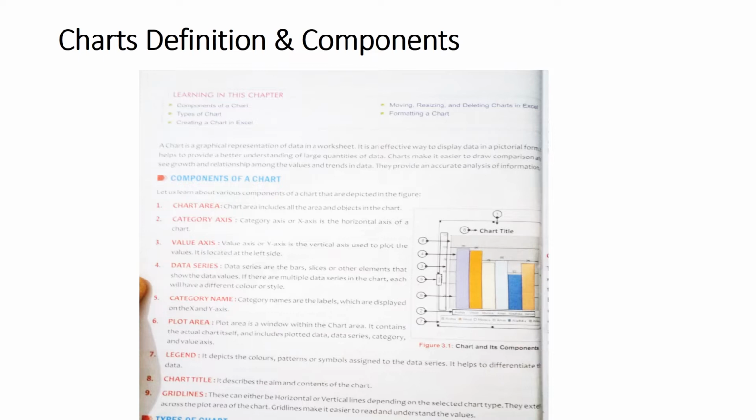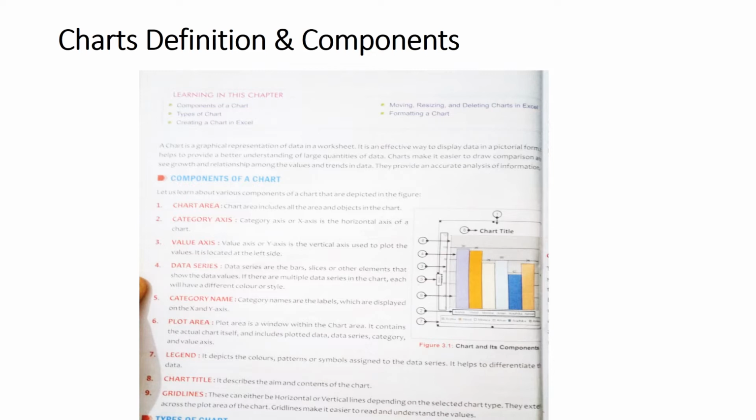Now, let us begin with the components of a chart. Let us understand the various components of a chart that are depicted here. The first component of the chart is the chart area. As you can see in this picture, the chart area is the area that includes all the area and objects in the chart.